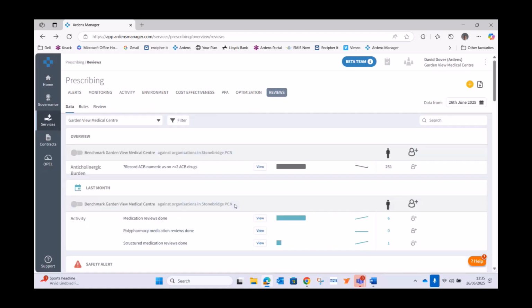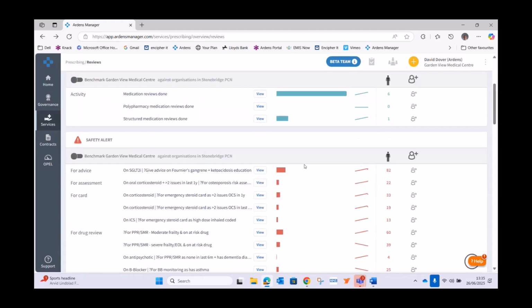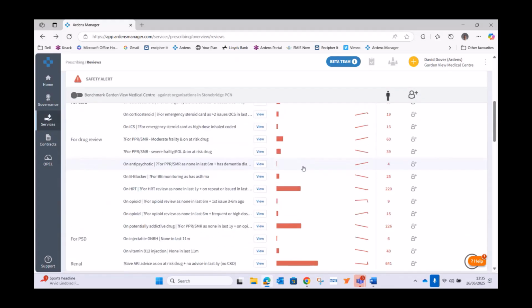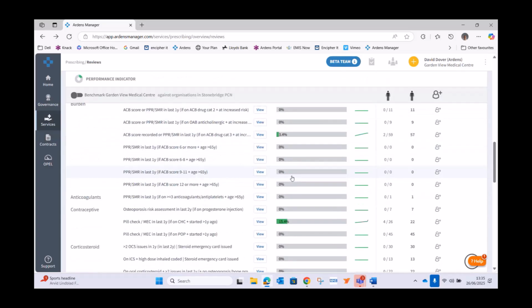It's not that you're not doing the work and you're not providing the care. It's more about the fact that the information in your clinical system may not be being coded, certainly consistently or at all. So you've got all of that information in and around your prescribing that potentially you could get your pharmacy teams involved with as well, along with all of those performance indicators in and around polypharmacy and so on.